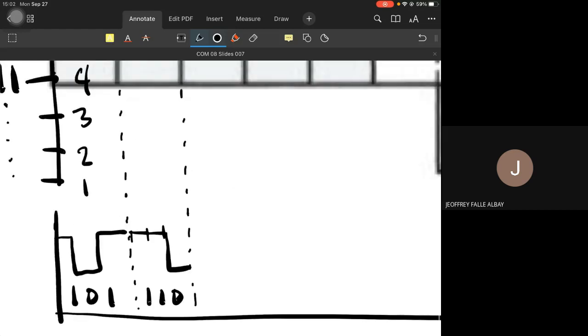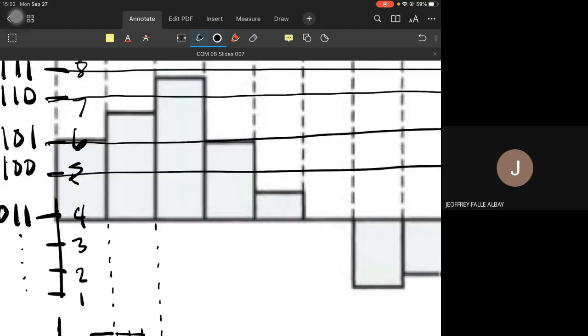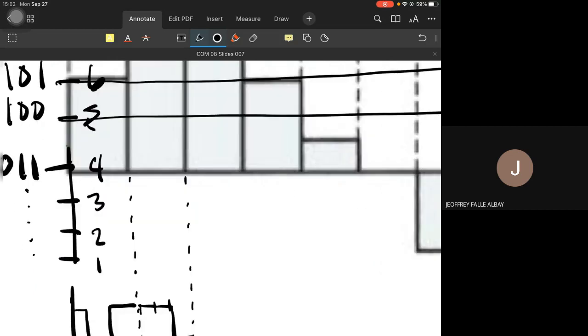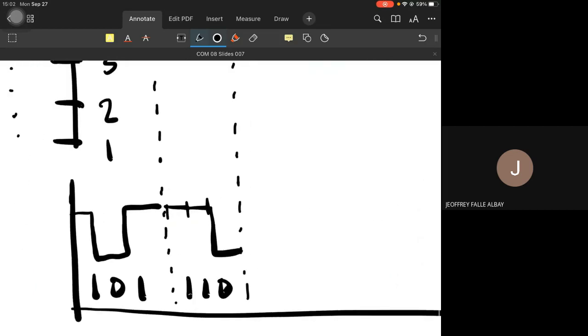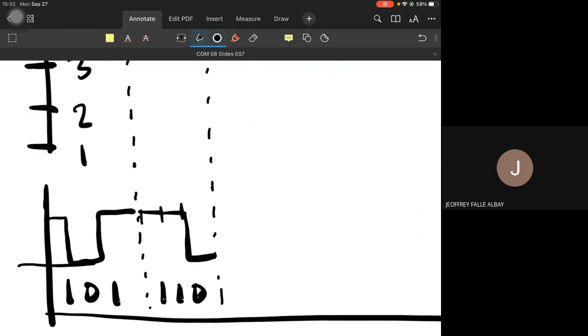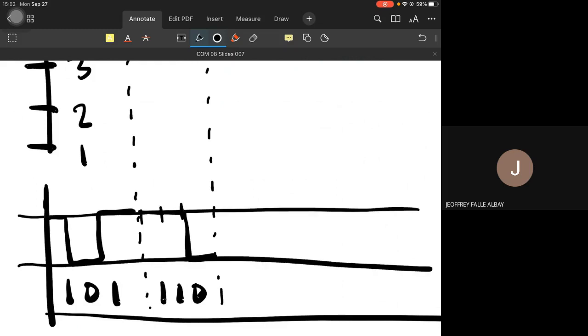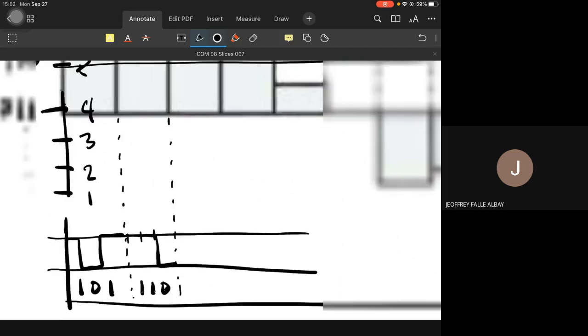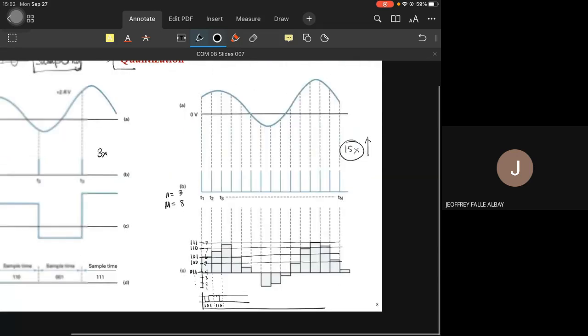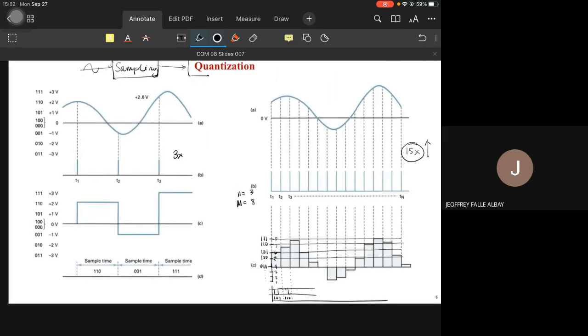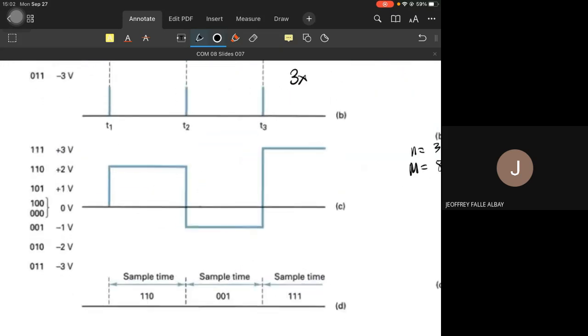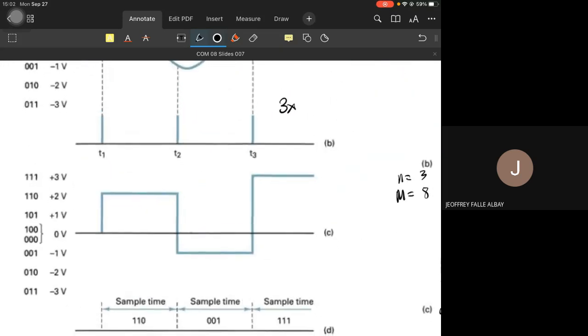So it converts the PAM signal into PCM. The value of logic 0 is constant and the value of logic 1 is constant. Same thought, no?